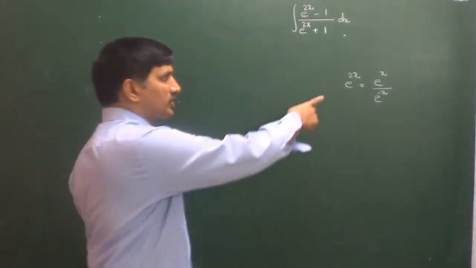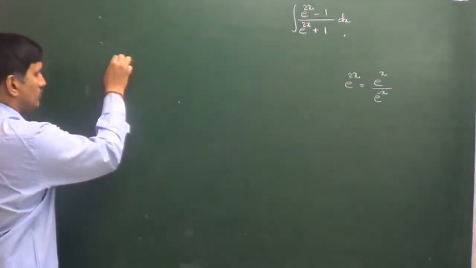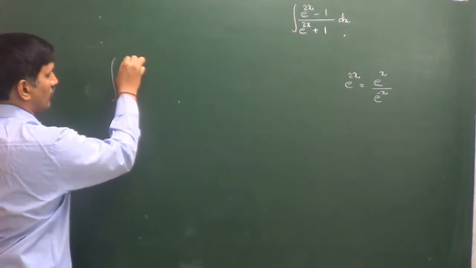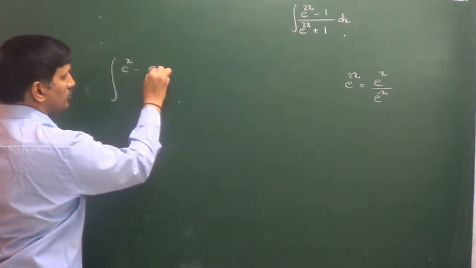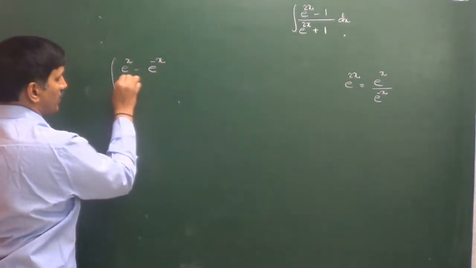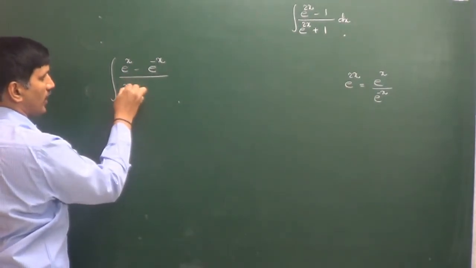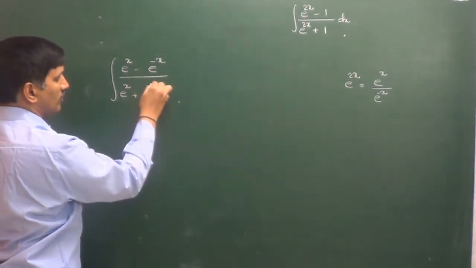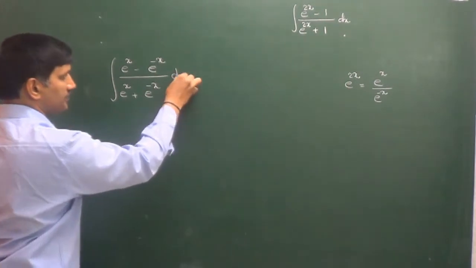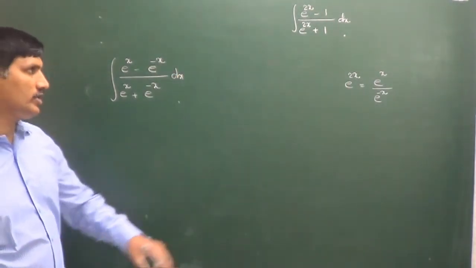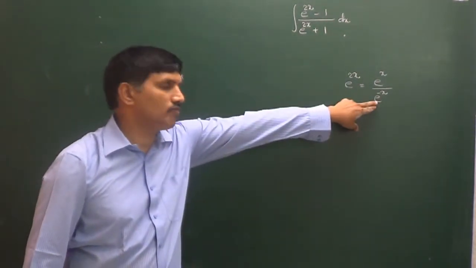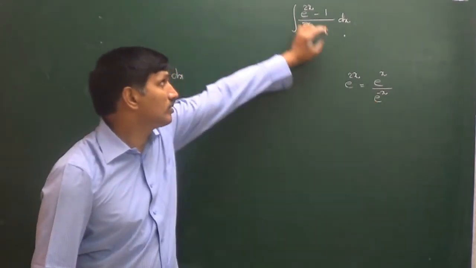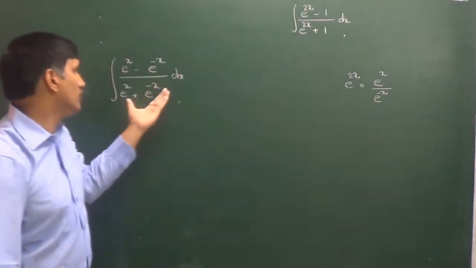Now the problem changes to e to the power of x minus e to the power of minus x divided by e to the power of x plus e to the power of minus x dx. If you substitute here and take LCM, we will get this one.